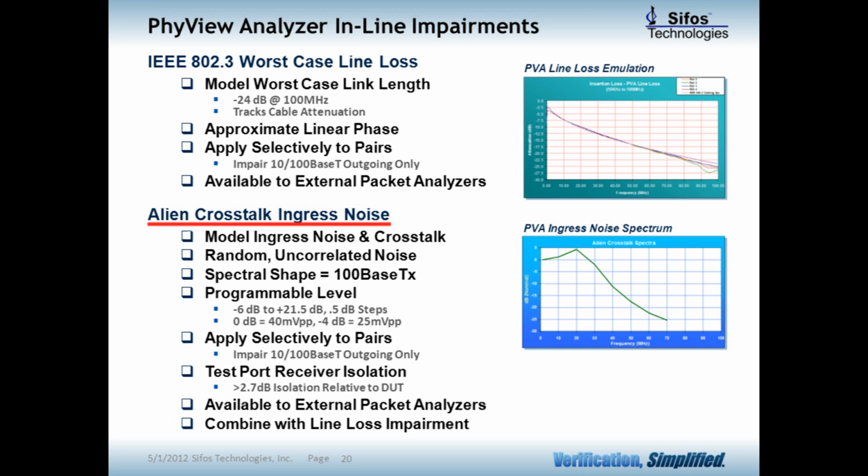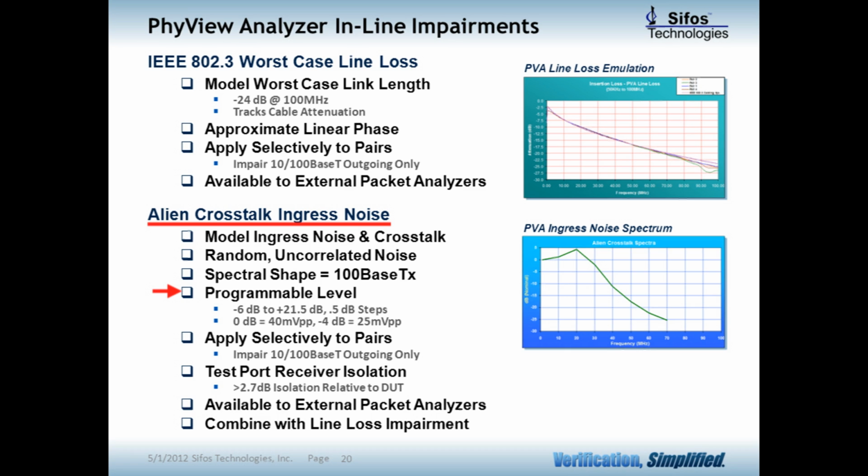A second form of line impairment is active noise insertion. This impairment models the effects of alien crosstalk that naturally occurs in dense cable bundles, crowded wiring closets, and congested cable runs. This noise is random, uncorrelated to data signals, and is spectrally shaped similar to 100 base T. The ingress noise can be programmed over a wide level from minus 6 dB to plus 21.5 dB with granularity of half dB steps.